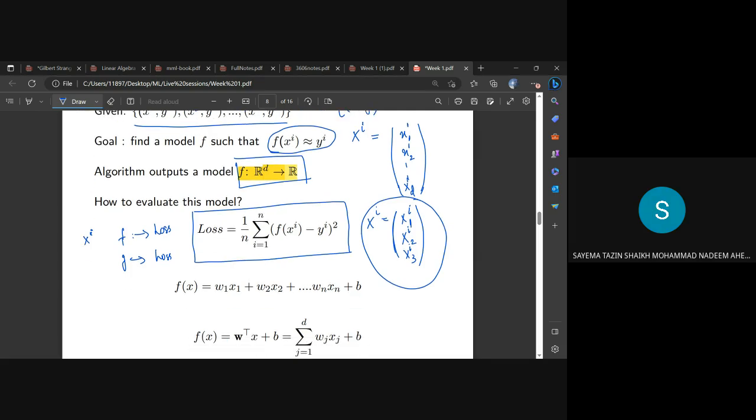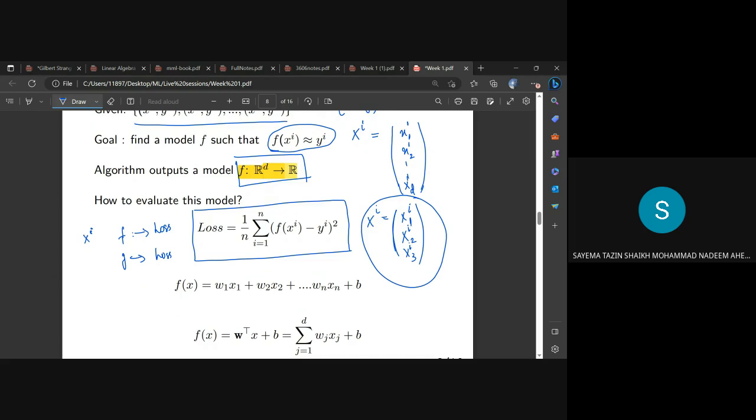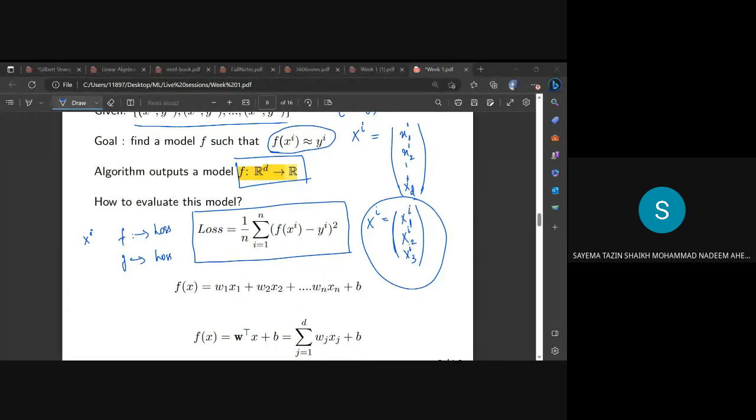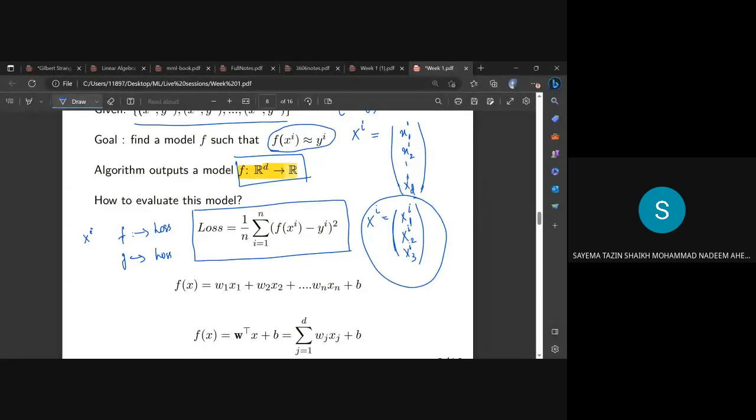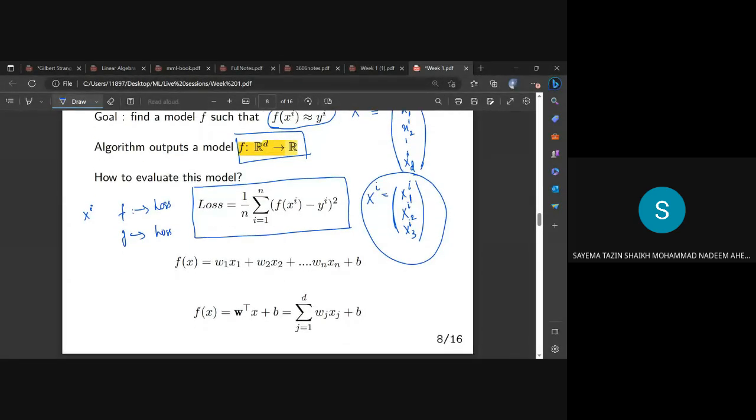Every time we want to know the best variable for that model. If we have a finite set of values, then we can calculate the loss for every function. But if we have an infinite set, how can we go for that?